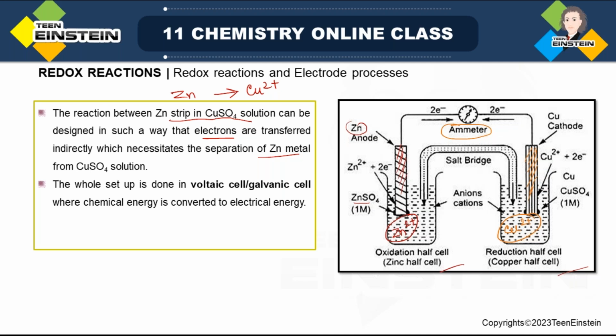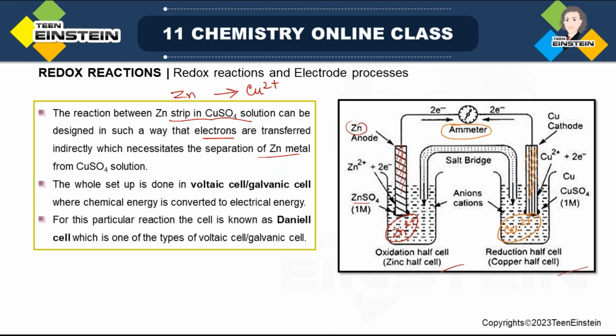Voltaic cell and galvanic cell both serve the same purpose. They are two different names, and you can use either name. The important point is that chemical energy is converted to electrical energy.